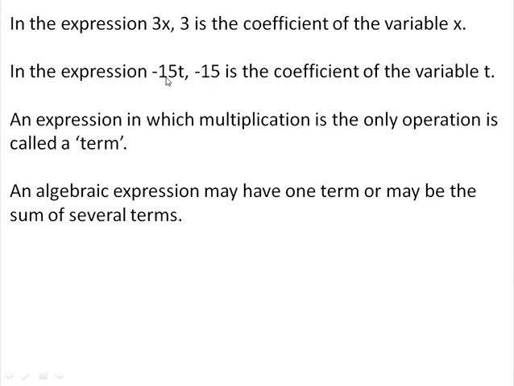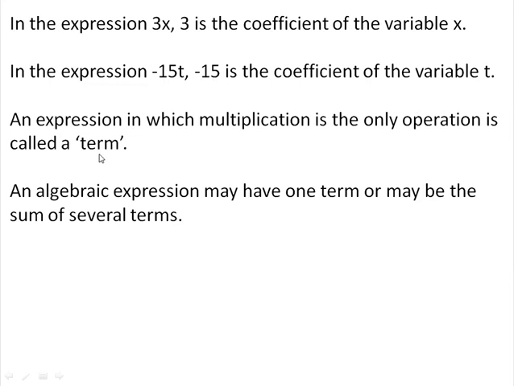Now if you look at another expression, negative 15t. Again in this expression, t is an alphabet, so we call it the variable, and here the coefficient is negative 15. So in the expression negative 15t, negative 15 is the coefficient of the variable t.